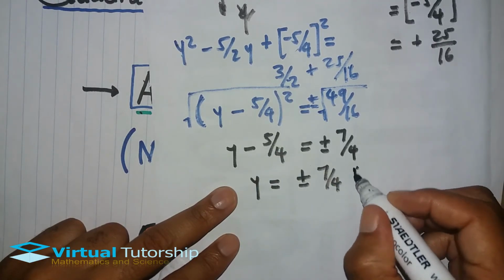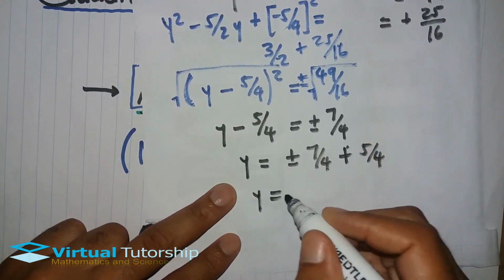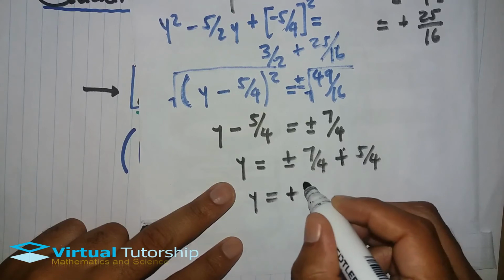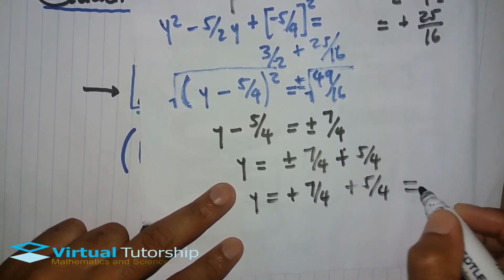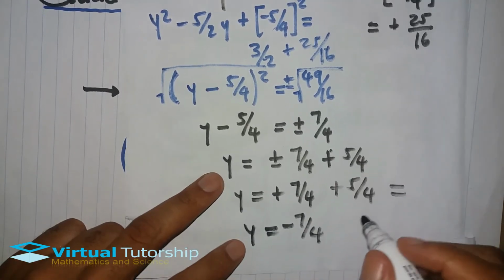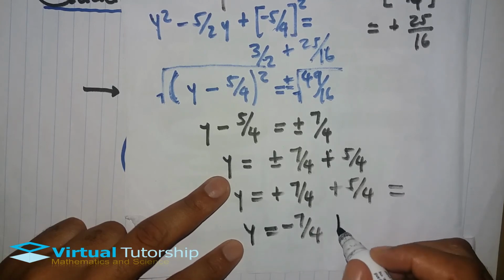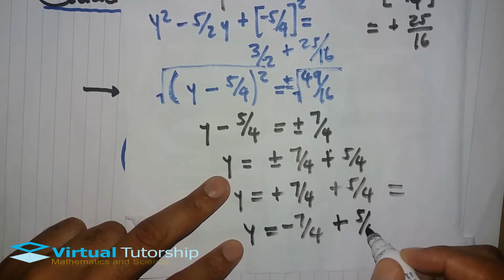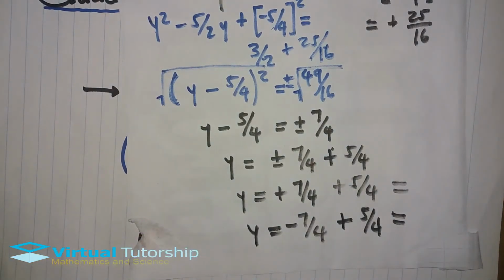Then with the 5 over 4, equal to, the first solution is 7 over 4. The second solution is negative 7 over 4, and then plus 5 over 4 equal to, so now you simplify.